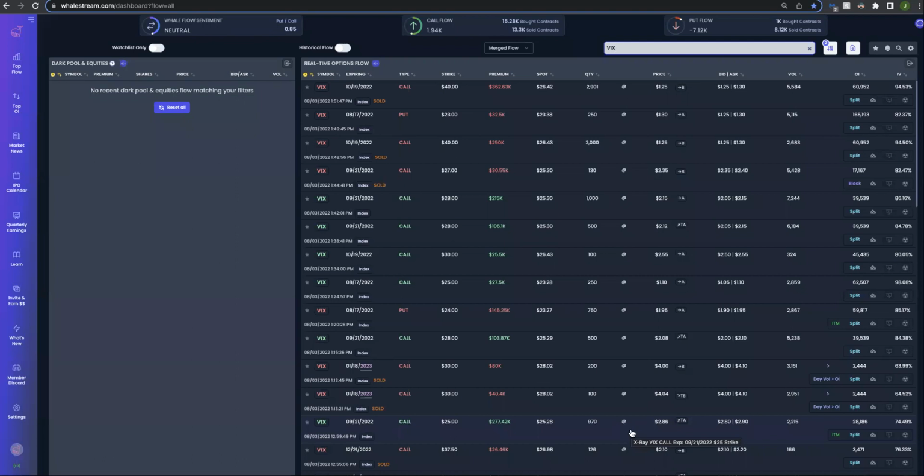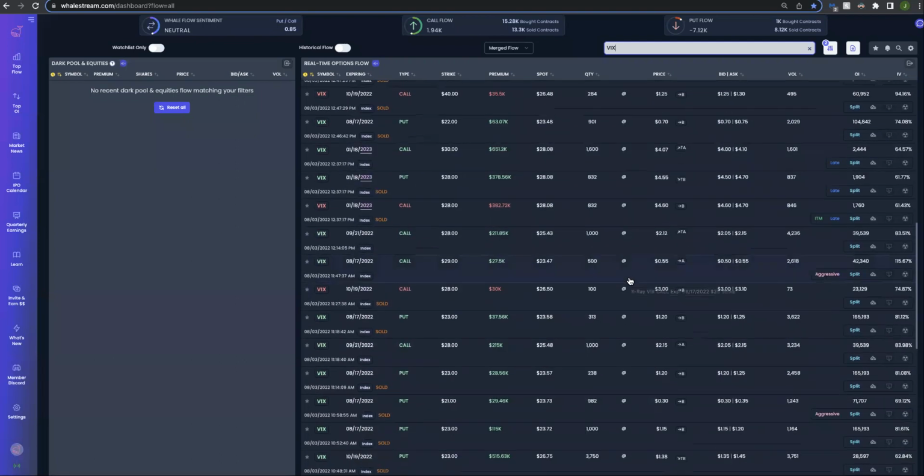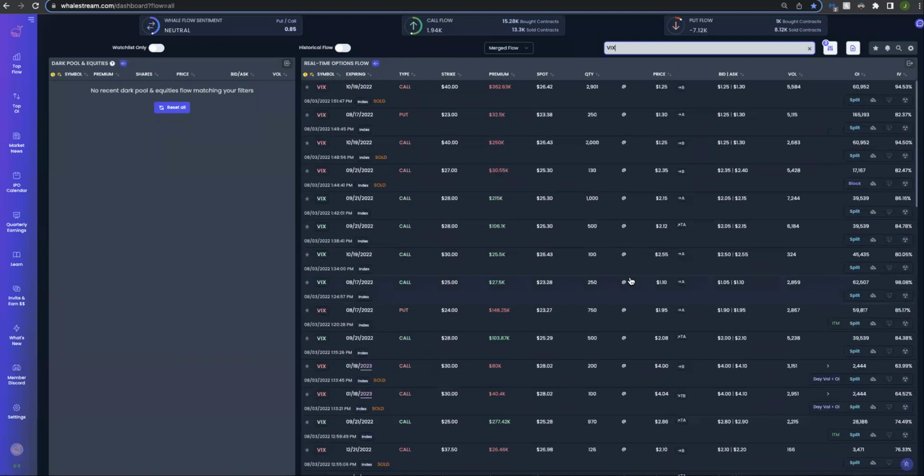If you want to look at indexes, you definitely don't want to look at only sweeps, because you'll never see one. They're all going to be either splits or blocks, because they're all going to take place on the CBOE exchanges, since they are CBOE products. So definitely don't keep the sweeps on, and then you'll be able to see the indexes.